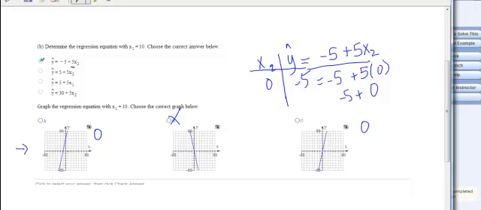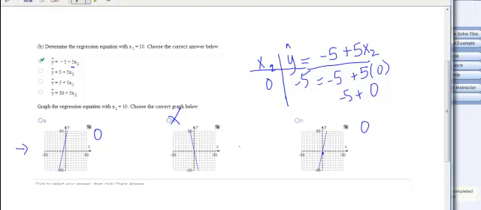I don't see this line crossing. It would be around here. Since it's negative 5, the line for the equation would be below, in the negative area where it crosses 0, negative 5.